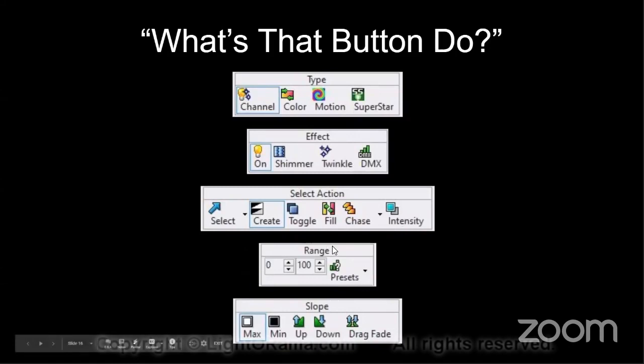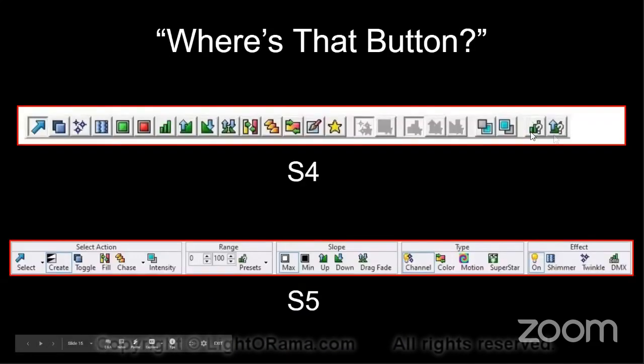The effects are down here in range and slope. This is what's a little bit different. So if I go back a slide, over here in S4, we had these two buttons off to the side where if you clicked on them, you could change the intensity or you could change the fade ranges. And then when you went over and clicked, fade or intensity, those are the ranges it would use.